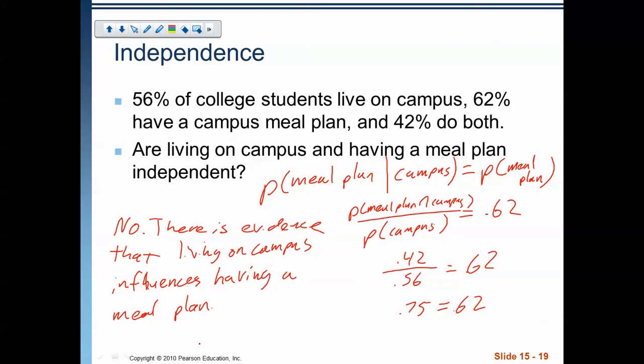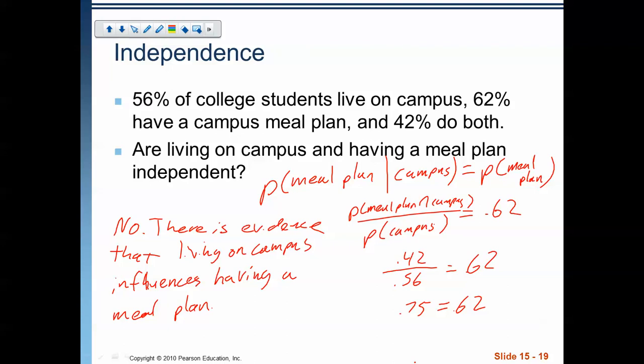And I know that there's influence happening there, because knowing that somebody lives on campus increases the probability that they have a meal plan. If I randomly choose a person and they tell me that they live on campus, there's a higher likelihood that they have a meal plan than if I didn't know that.